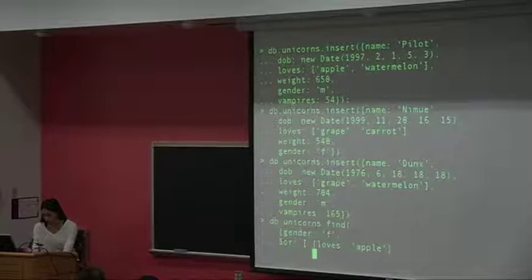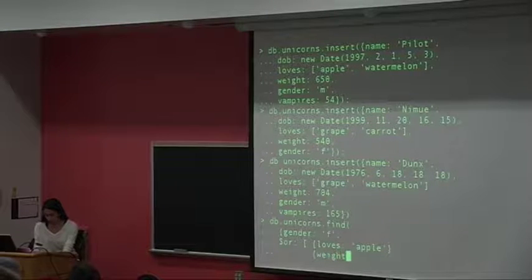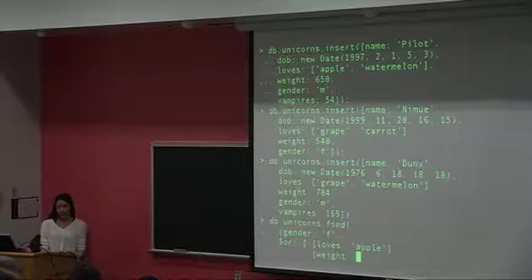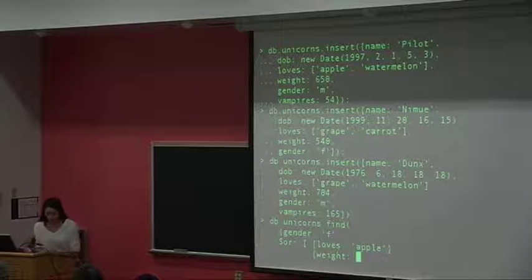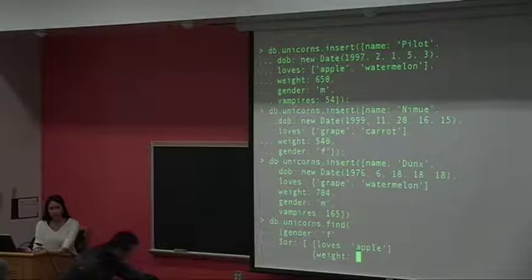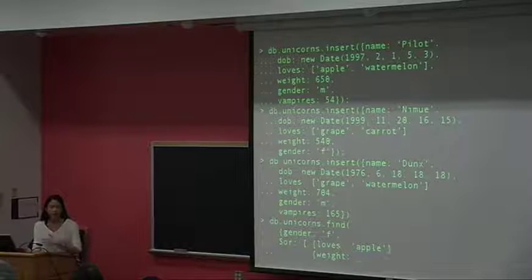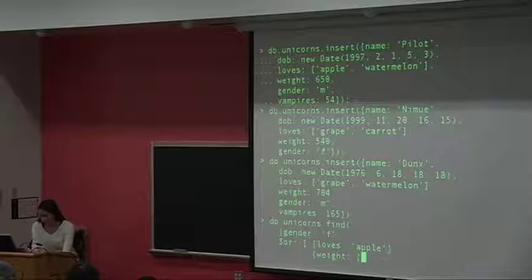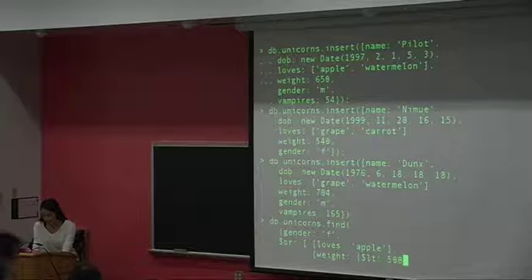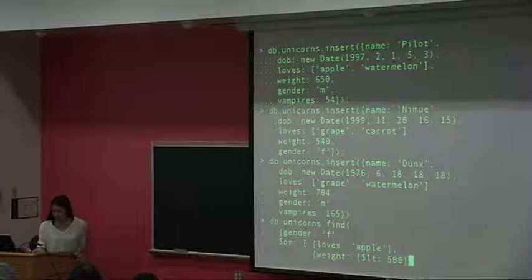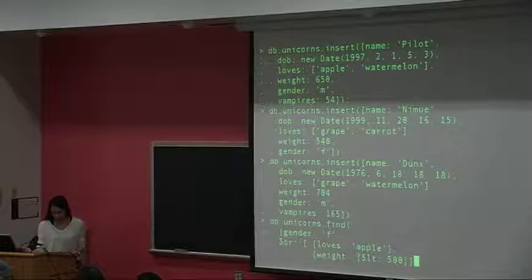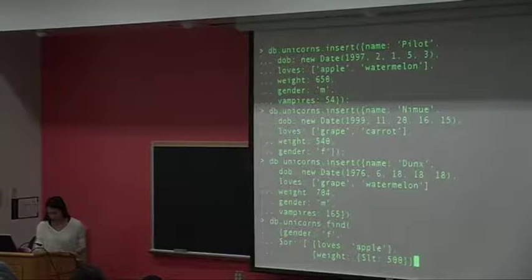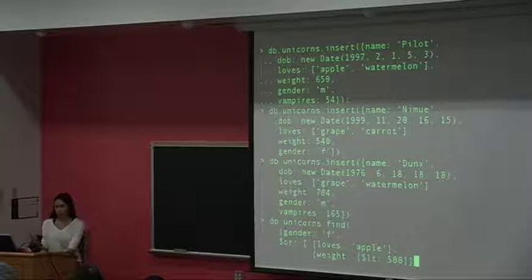And this unicorn's weight is less than 500. If you recall, in MongoDB, any comparison, less than, greater than, is again done with a dollar sign. So we do this: $lt 500, like that. That's all we want to put in the OR list.